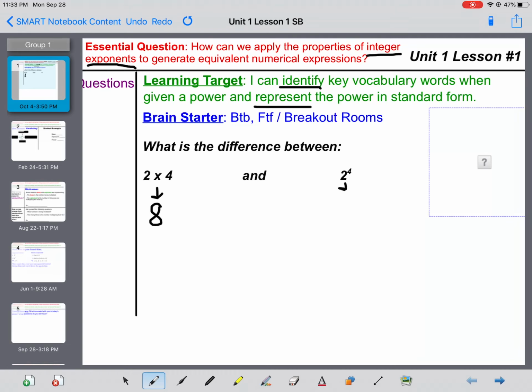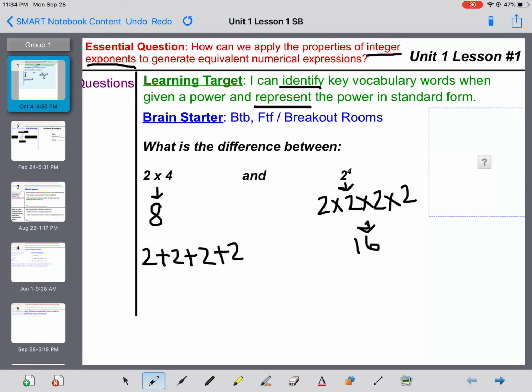And 2 raised to the 4th power, if you write it out, is 2 times 2 times 2 times 2, which gives you 16. 2 times 4 is actually 2 plus 2 plus 2 plus 2, repeated addition, which gives you 8. With 2 raised to the 4th power, we see that it is repeated multiplication.